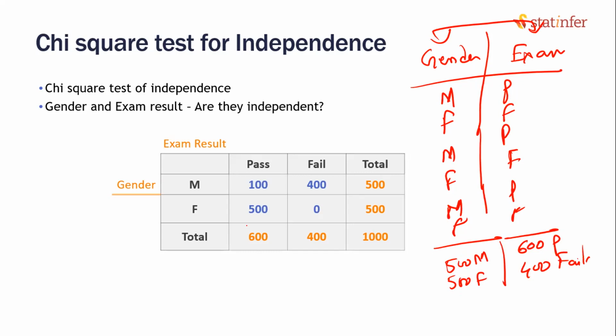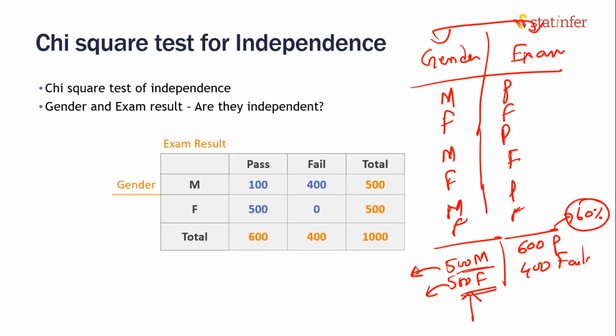Look at this. This is the table that we got. 500 male students are there, 500 female students are there. The pass percentage is 60%. Tell me one thing: if being male or female doesn't matter, how many males will be passing, how many females will be passing? Overall pass percentage is 60%.